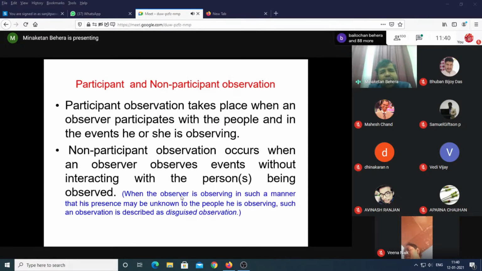Basically, child psychology people and ethnographic studies, studying human behavior, mostly use the observation method as a tool to understand the ground reality. This is the one method through which you can collect qualitative information, not so much quantitative information.